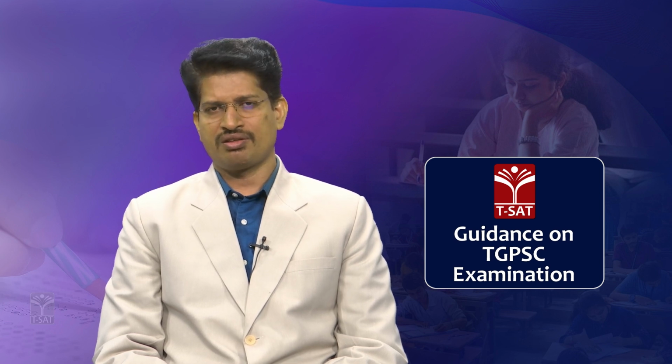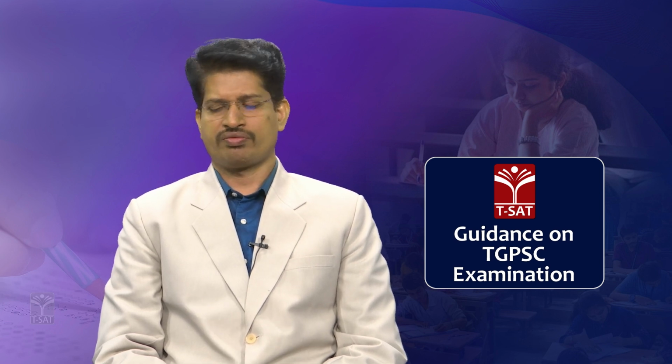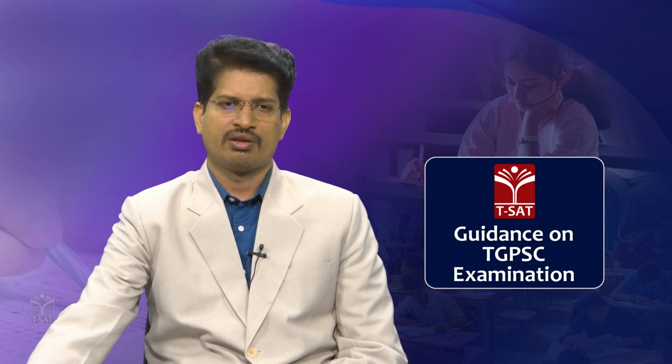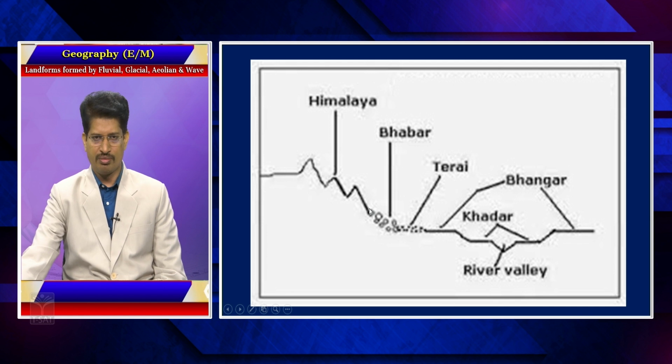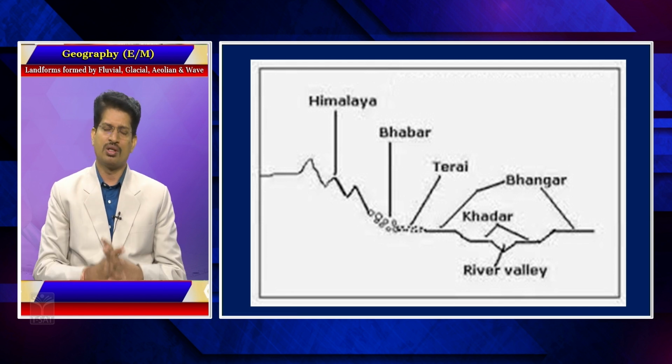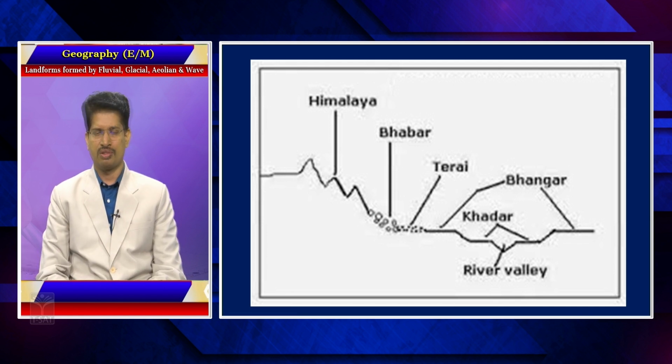For example, in the case of the Himalayas, by the time the river reaches the plains, its energy decreases and it cannot carry the larger boulders of weathered and eroded material, which are left at the foothills.